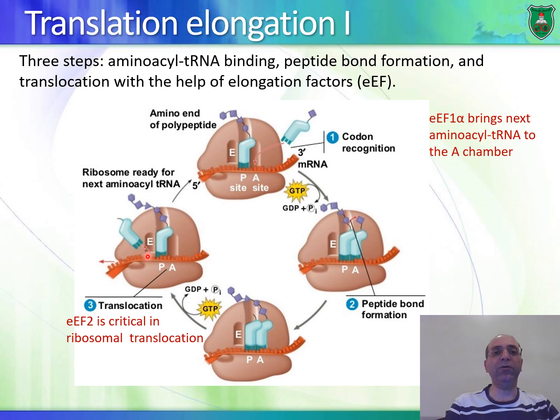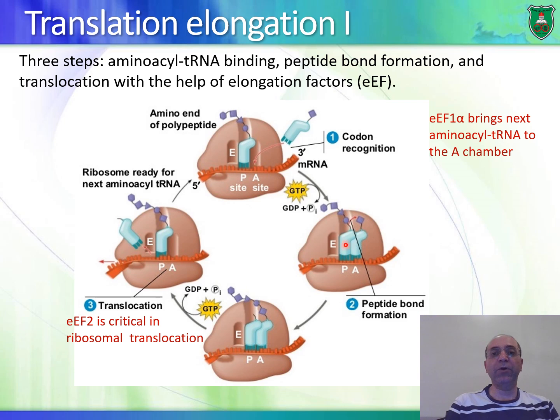It gets kicked out of the ribosome, and the second tRNA is now in its place in the P chamber. And you have a third tRNA coming in, and it has an anticodon that is complementary to this codon in the messenger RNA. Again you have a transfer of two amino acids.